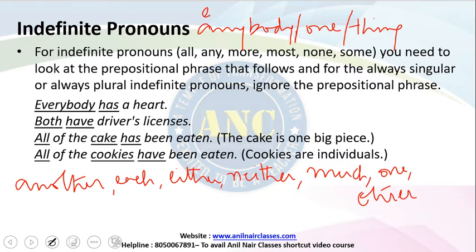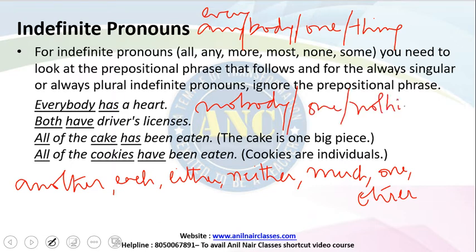Again, the same thing applies. Everybody, everyone, everything. Nobody, no one, nothing. Somebody, if nobody is there, that means somebody is also there, so somebody, someone, or something.